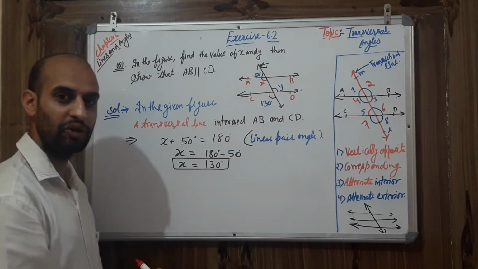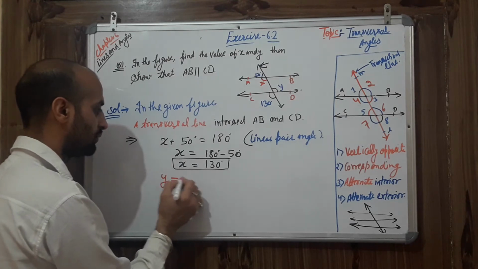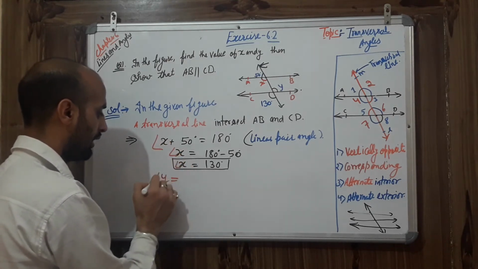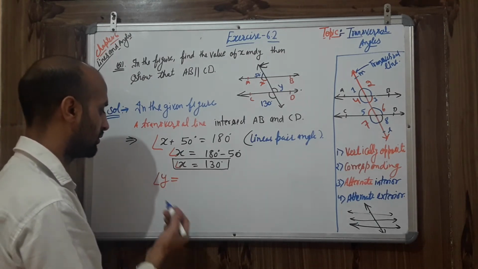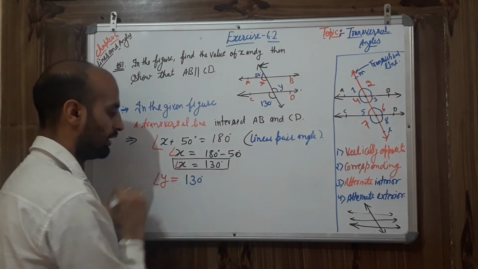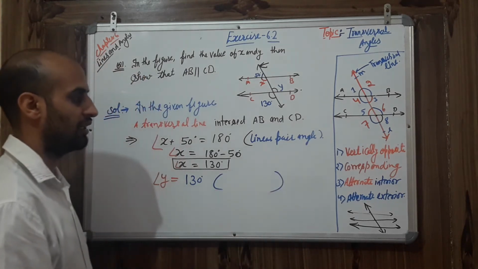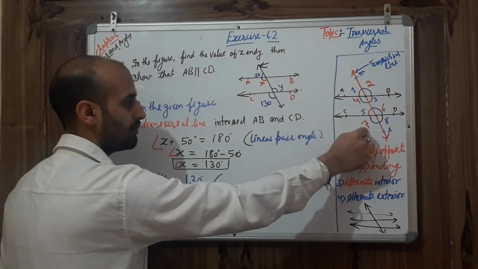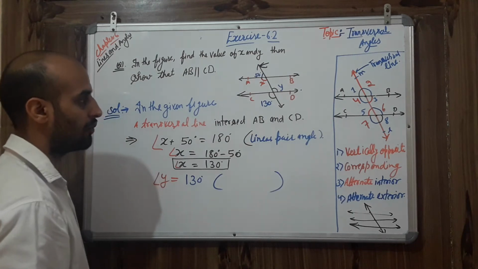They are vertically opposite. So next step you can write angle y is equals to, y is equals to 130 degree. How I wrote? By using vertically opposite angles. First category. You can check here, I told you 4 is equals to 2, 7 is equals to 6, 5 is equals to 8. Those are vertically opposite. So y is opposite to 130.